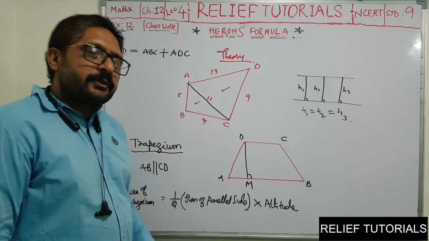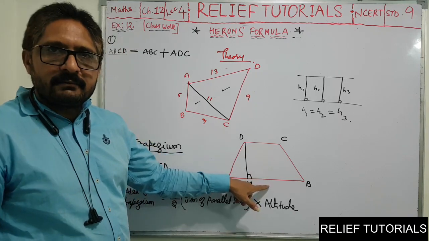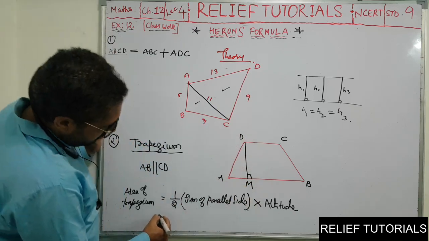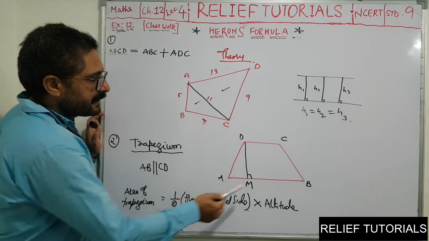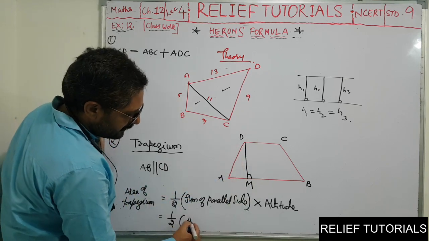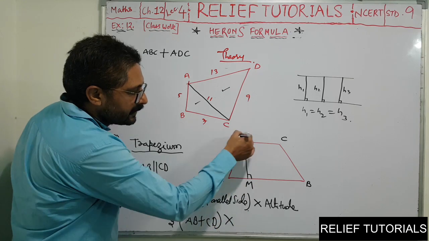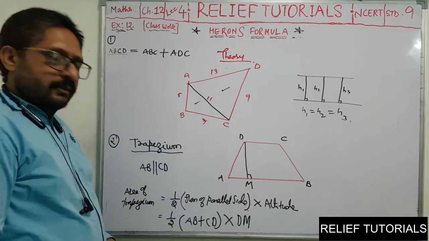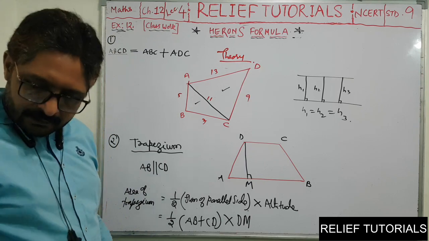So the formula in order to find the area of a trapezium is half into the sum of the parallel sides into altitude. Which are the two parallel sides here? AB and CD, both are parallel. So I can write half into the sum of parallel sides, AB plus CD, into altitude. Here the altitude is DM. So with the help of this formula you can find the area of a trapezium.